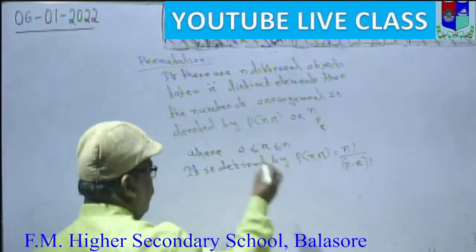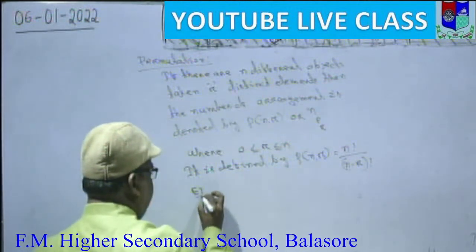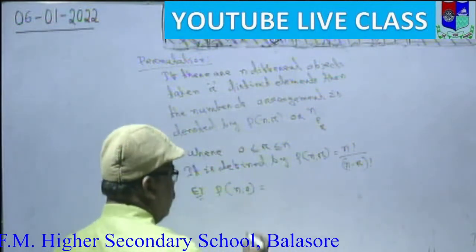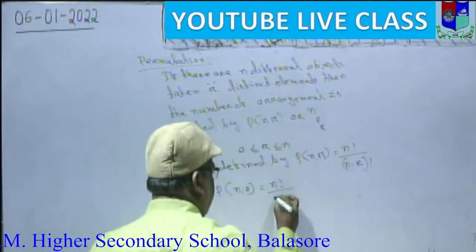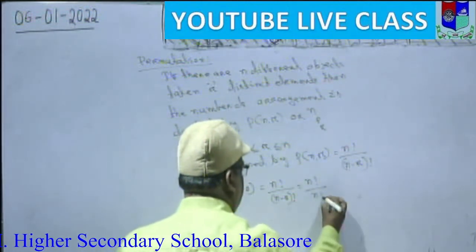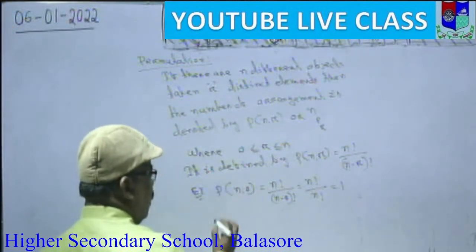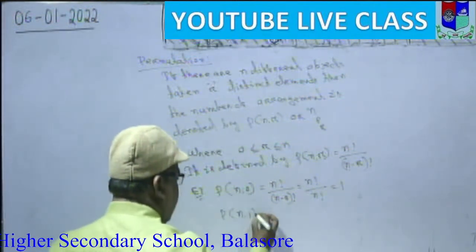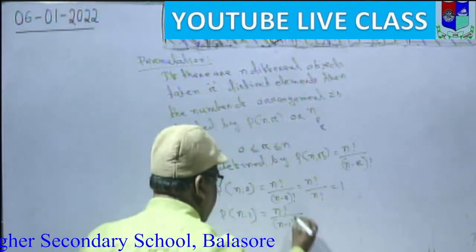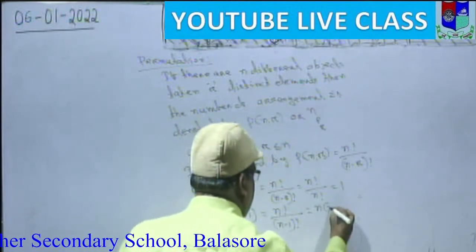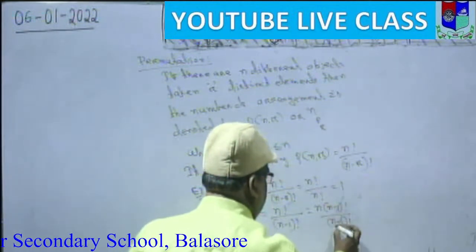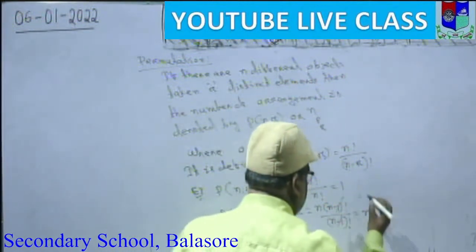We will consider one example from this, then we derive what will be PN0 now. N factorial by n minus 0 factorial, that is n factorial by n factorial means 1. What is PN1? N factorial by n minus 1 factorial, that is n into n minus 1 factorial divided by n minus 1 factorial cancel, so the answer is n.